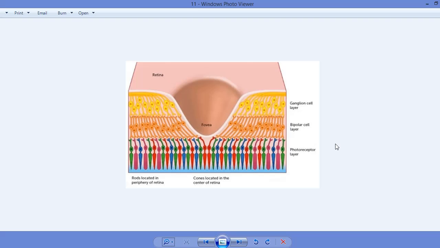Second thing about the neural layer: the number of rods and cones is 126 million. 120 million are rods and 6 million are cones, while the number of bipolar cells and the number of ganglion cells are 1 million respectively. Means 1 million bipolar cells and 1 million ganglion cells, while 126 million photoreceptors.